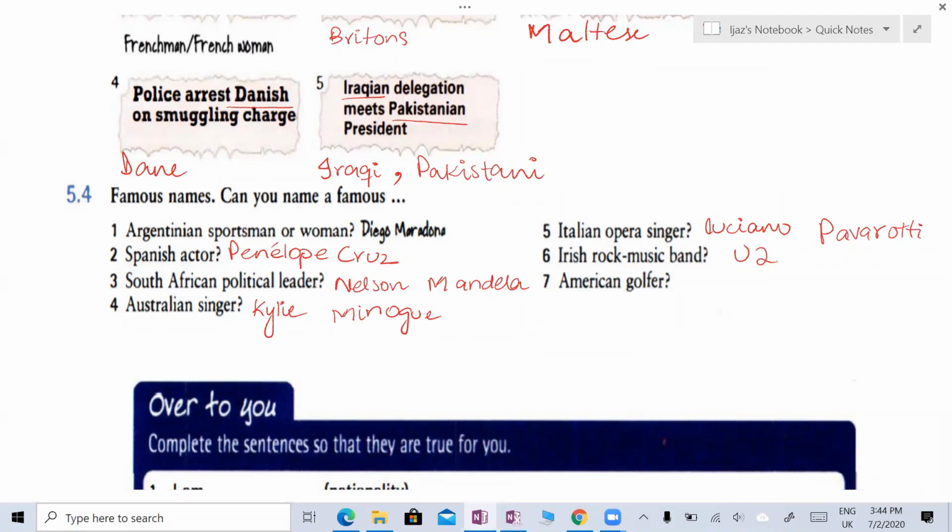The next one is someone I know very well, and I have been watching him for a very long time. American golfer. He was very young, like 7 or 8 years, if I'm not wrong. He started playing golf, and he is world famous. Okay, his name starts with T. If you can guess that.